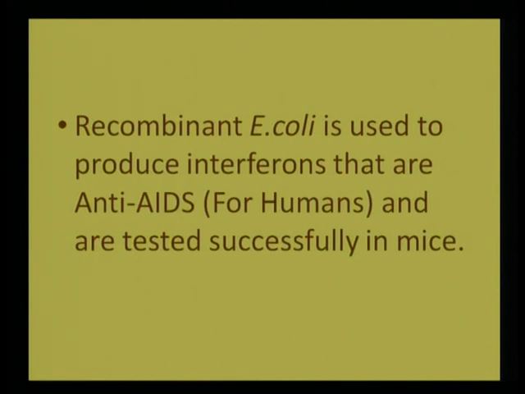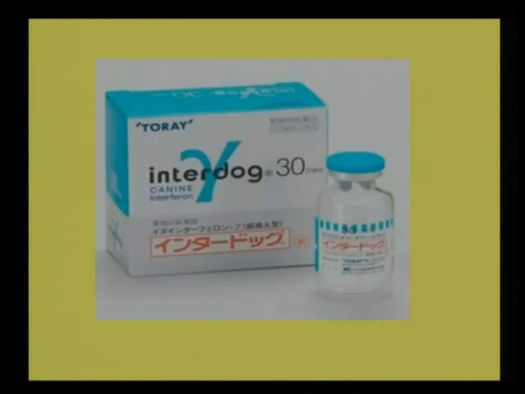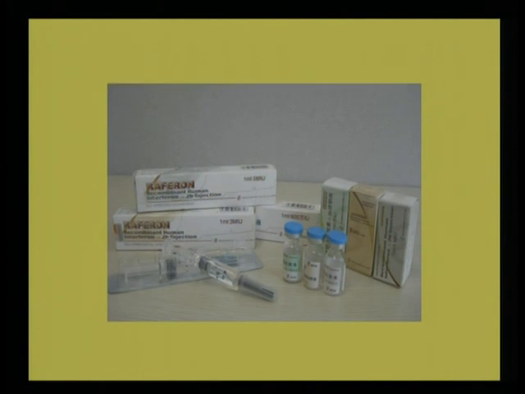They are also known as anti-AIDS, as they can be used against viruses. They are very useful in the treatment of AIDS also, though human trials are not yet performed or even permitted, but they have been tested successfully in mice. This is one commercial brand available as interferon, known as Interdog, and the various doses of such products.